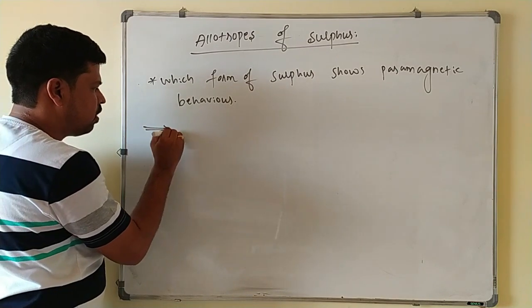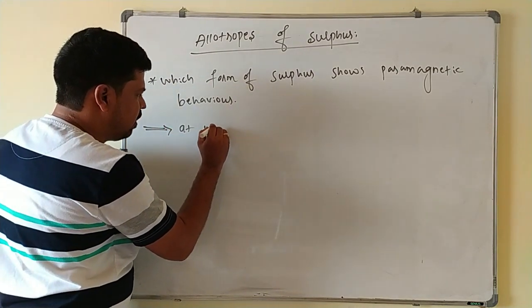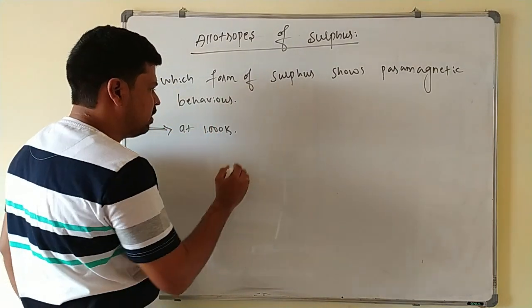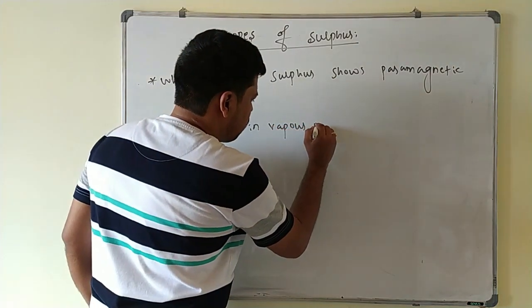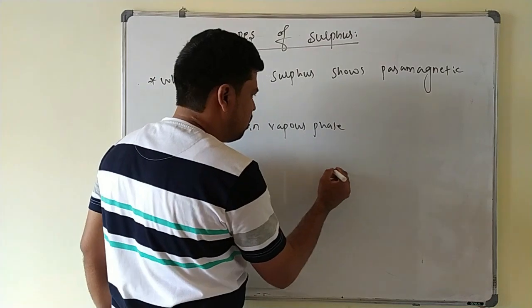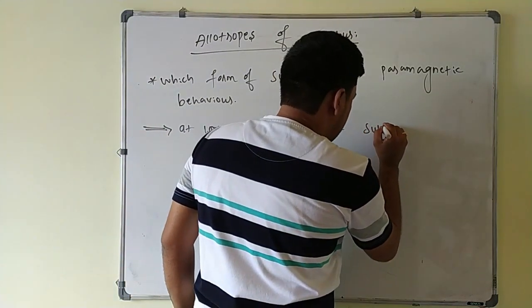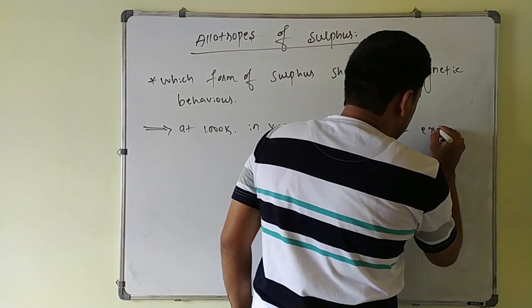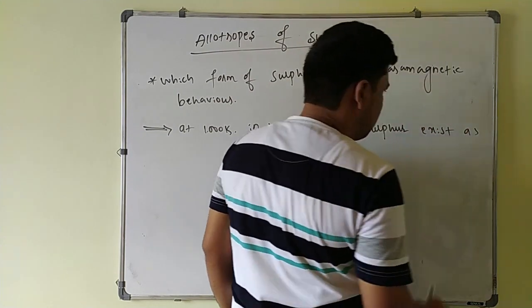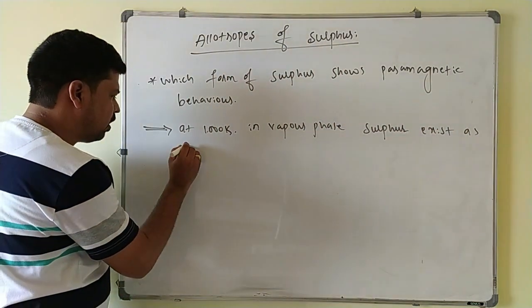Your answer will be at 1000 Kelvin. At 1000 Kelvin in vapor phase, sulfur exists as S2 molecule.